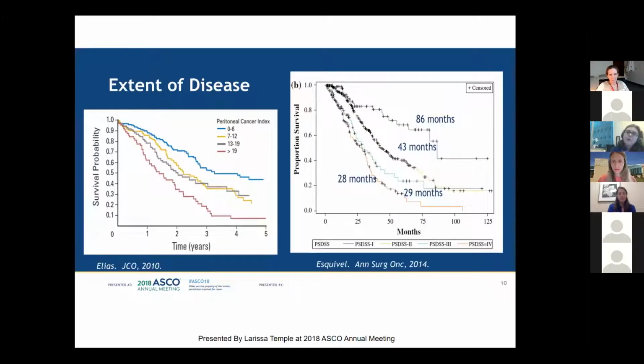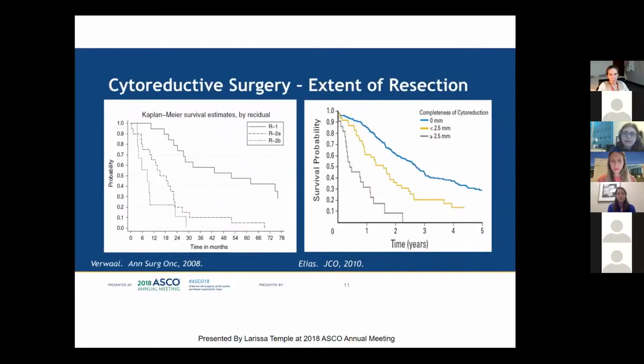And why is this important? Because you can see here that depending on the scoring system that you have, the survival of these patients can be really impacted either by the PCI score or the PSDSS score. Either way, you can see that the survival of these patients can really vary if they have a much higher volume of disease.